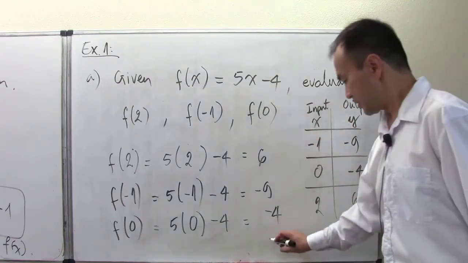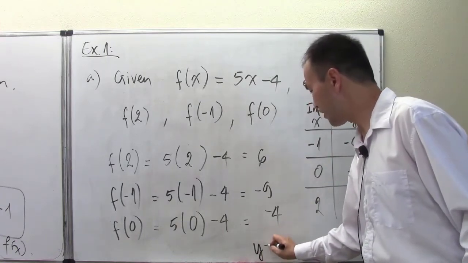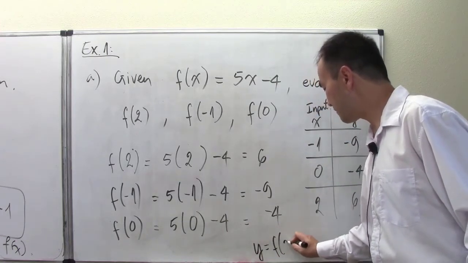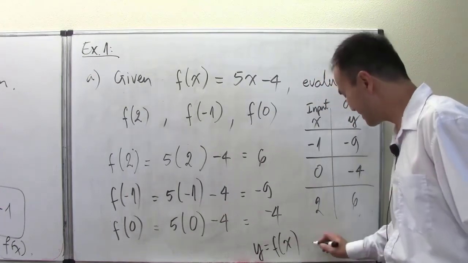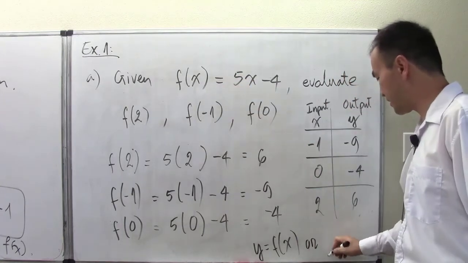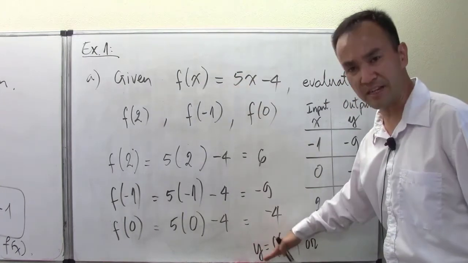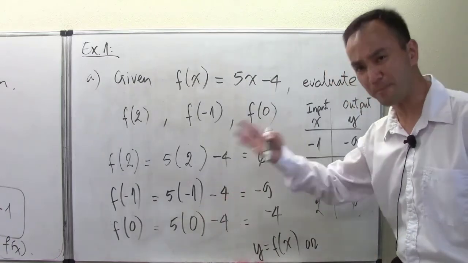Now, you can have y equals f of x. That's nothing unusual, right? Or more specifically, you can write it as y equals 5x minus 4. This is not the main aim of the example, it's just an optional extra part that I want to put in to prep anyone for the next step.